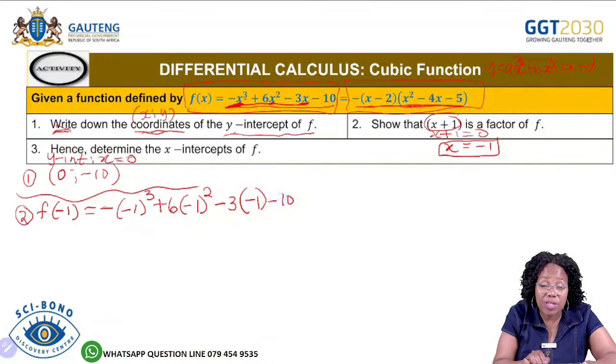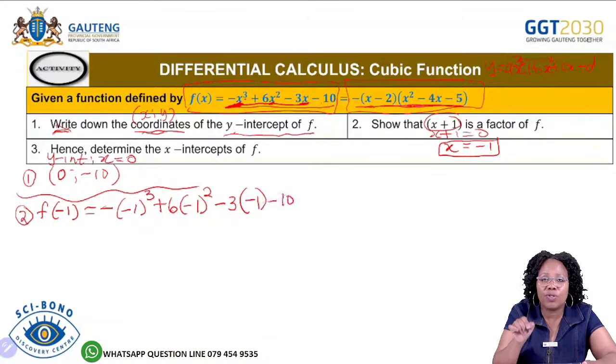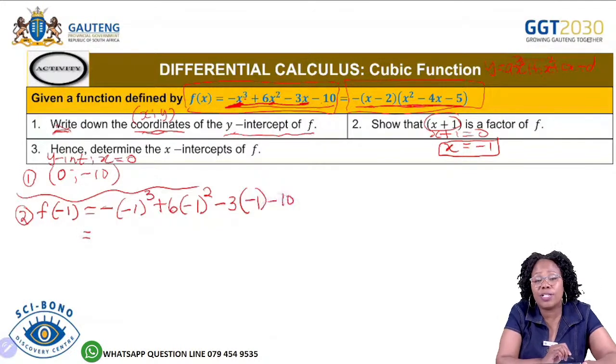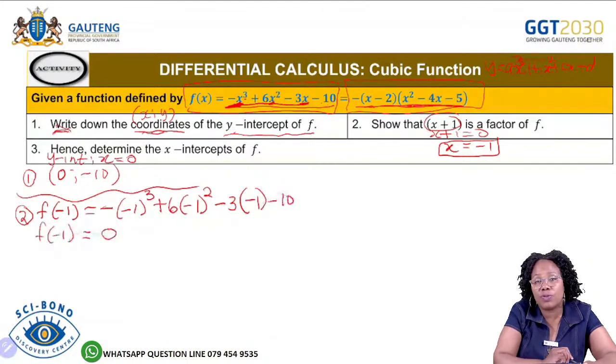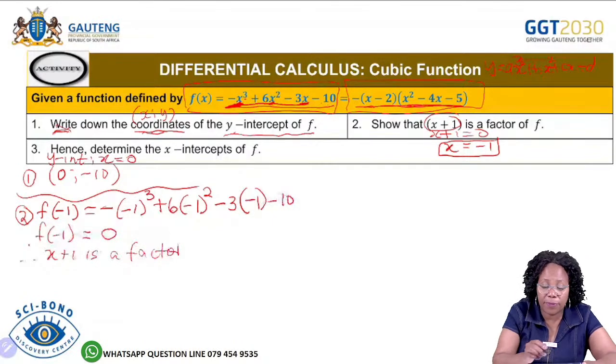If you put this into your calculator, grade 12, please always use your calculator. Don't rely on your own calculation, verify with the calculator. Therefore, this gives us f(minus 1) equal to 0. What does it mean when it gives us a 0? It says, therefore, x plus 1 is a factor. We need to see that conclusion, grade 12, after calculating.